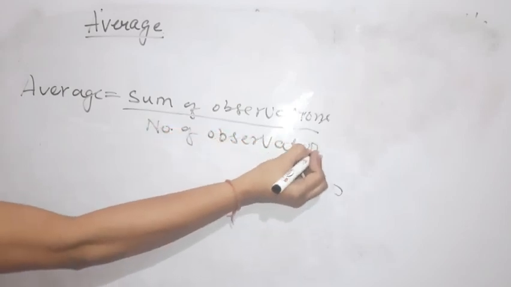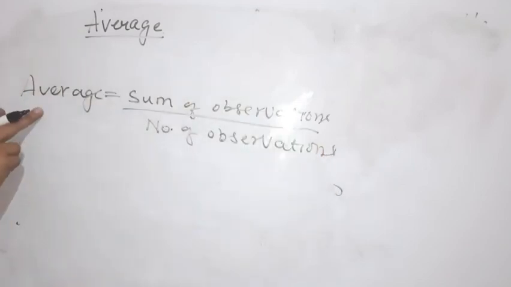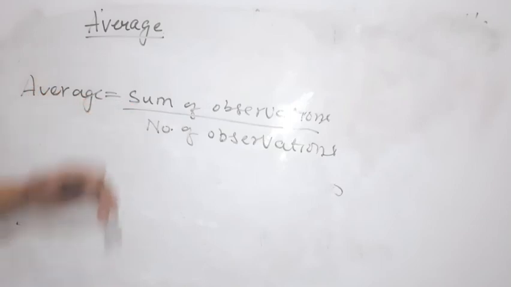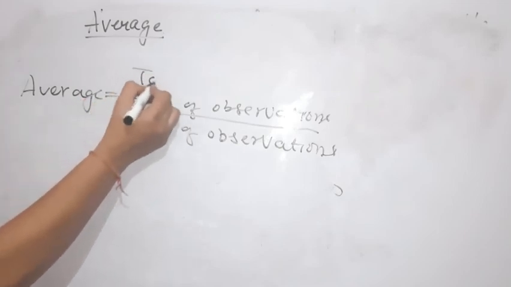Now, if in a question the average is already given to you, for example, the average score of a class is 15 for 16 students, what is the total score of the whole class? Total means sum, both are the same.